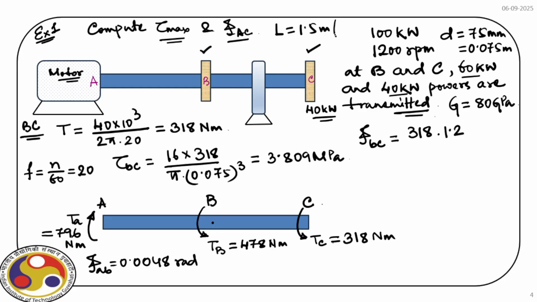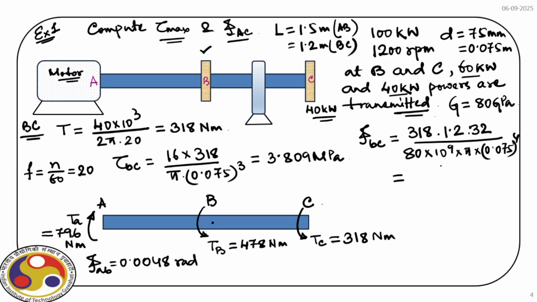So this is for AB, and 1.2 meter for BC, times 32 divided by 80 GPa into 10 to the power 9 times pi times 0.075 whole to the power 4.